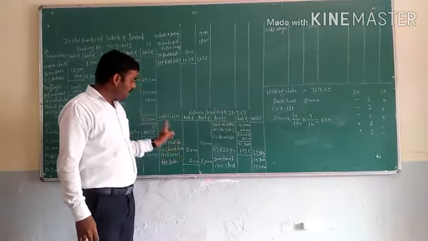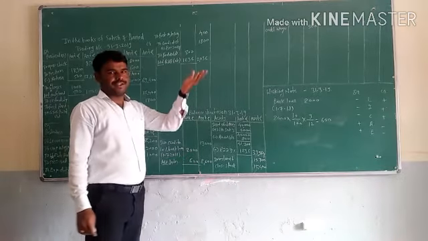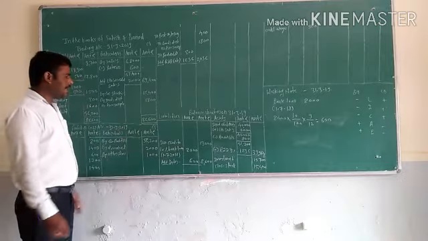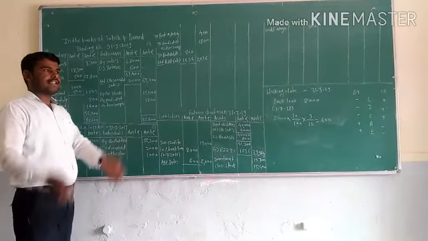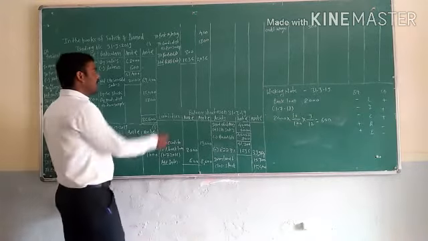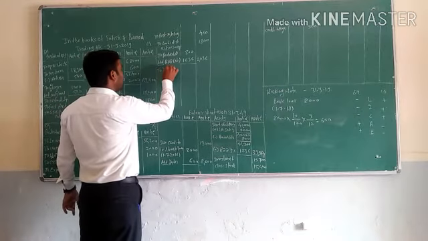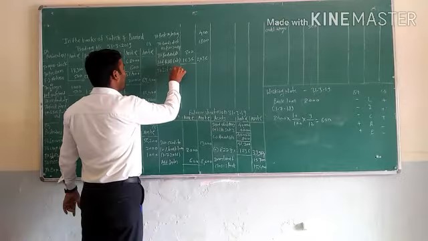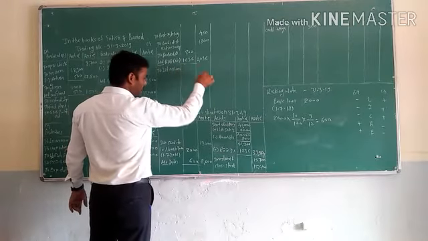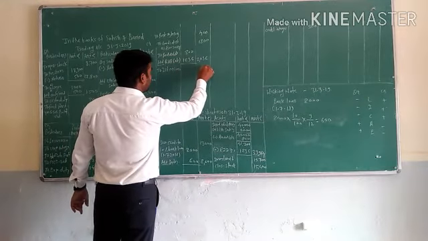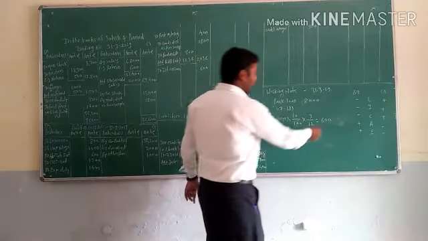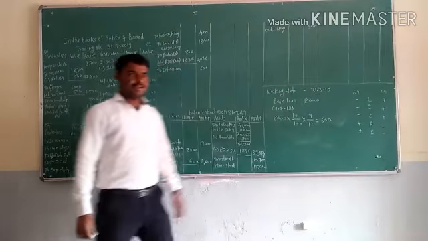Liabilities are increased, and when liabilities increase, expenses are increased. So the second effect is profit and loss account debit side, interest on loan, and the amount is 600.